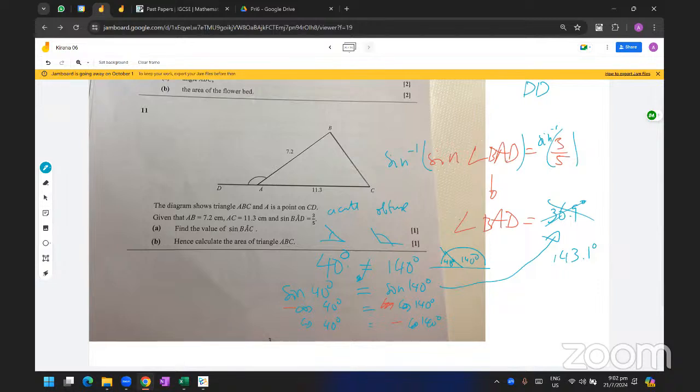Go and use the answer button. Right now, if you use the answer button, you will be wrong. Why? Because the answer already changed just now to 0.6. You have to go back to the previous one first, the sine inverse 3/5.